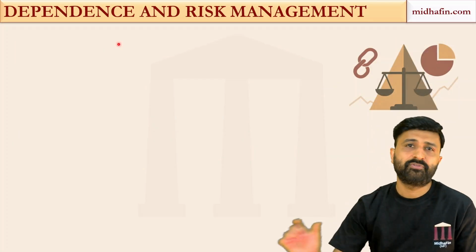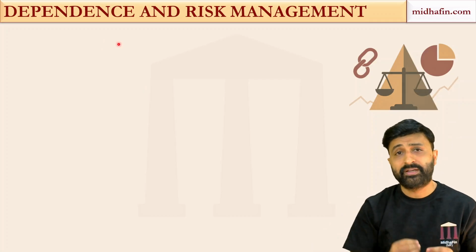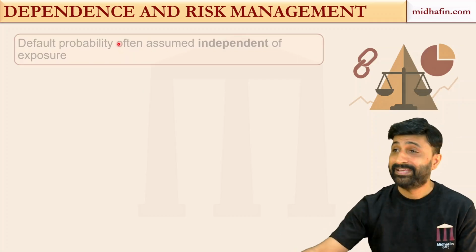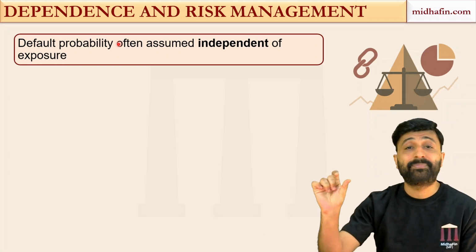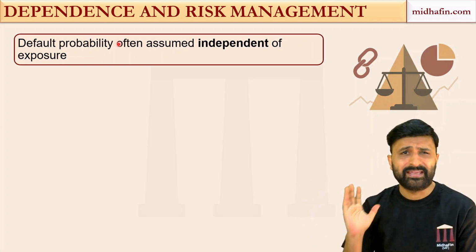Now, the method for calculating CVA that we discussed actually assumed that the probability of default by the counterparty is independent of the bank's exposure. Okay, that is a reasonable assumption in many cases.